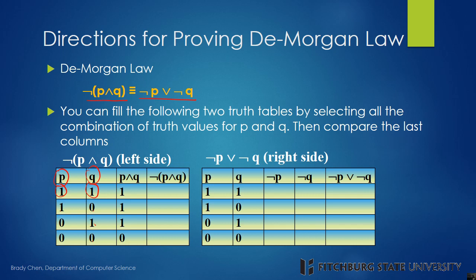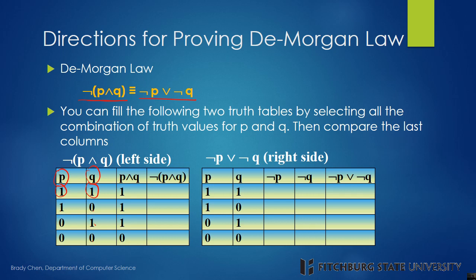Now, in order to calculate the values for the statement on the left, we first need to calculate the value for P and Q, because eventually we want to calculate the negation of P and Q. So we use the table for the conjunction. P is true, Q is true, and P and Q is true.